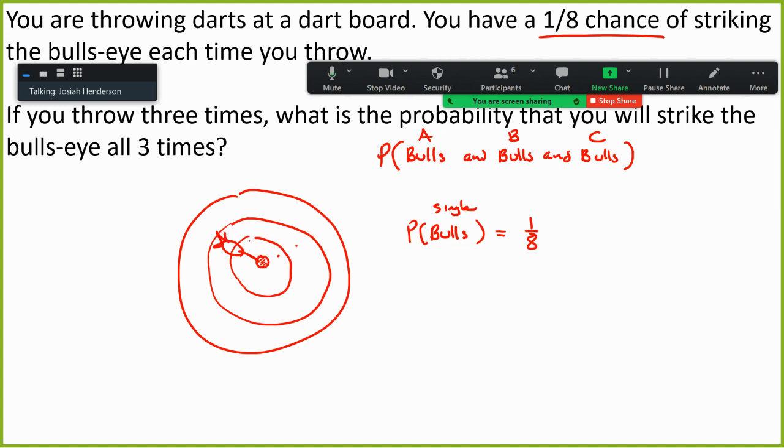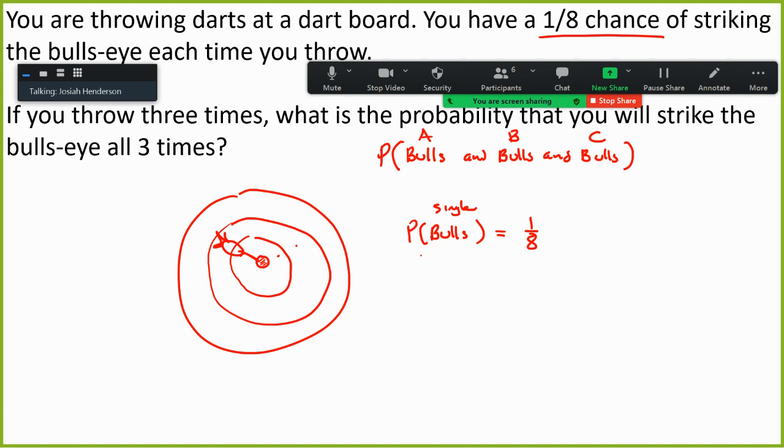I'm assuming that it doesn't affect when I throw the next one and the next one. It doesn't say anything about it affecting it. So if I'm going to throw 3 darts, each bullseye is a 1/8 chance, and the previous throws are not affecting the future throws. I'm going to assume that because it doesn't say anything about it, and there's no reason to think that it should affect it.